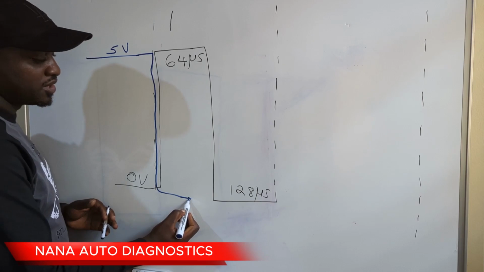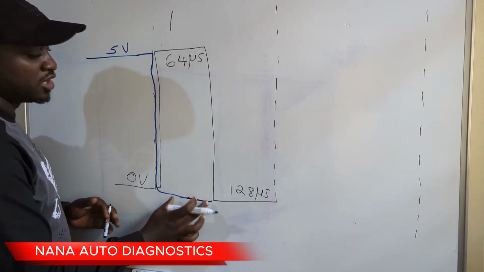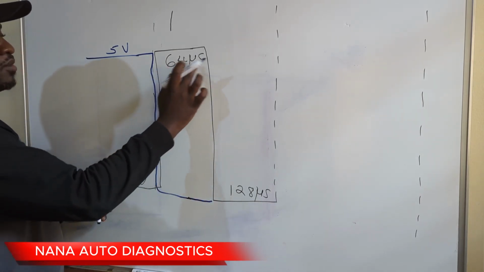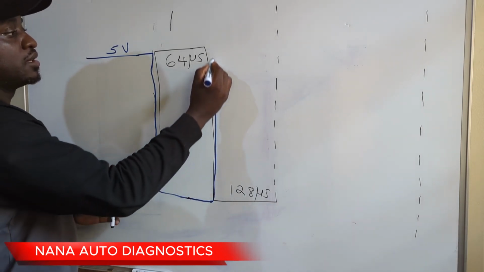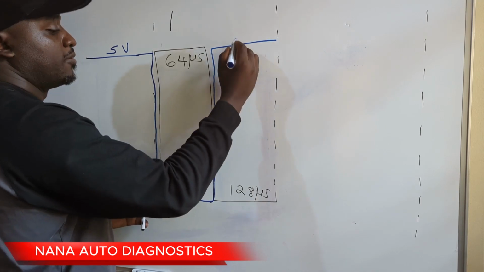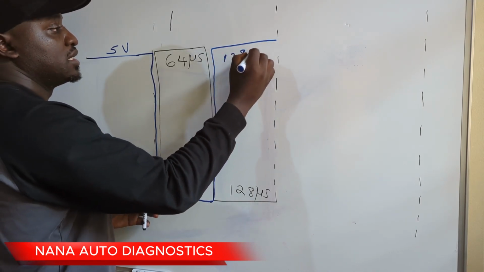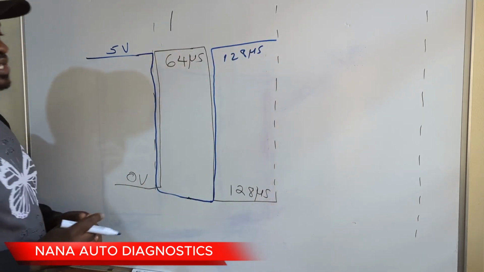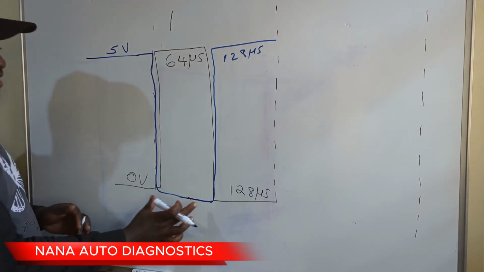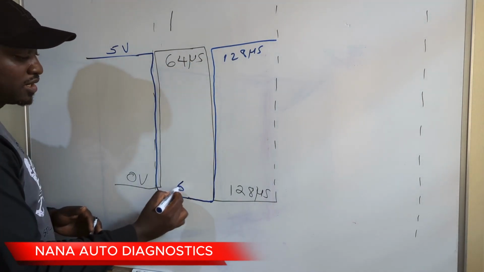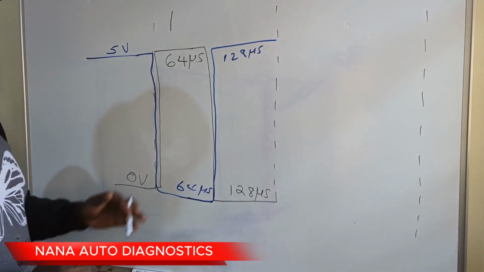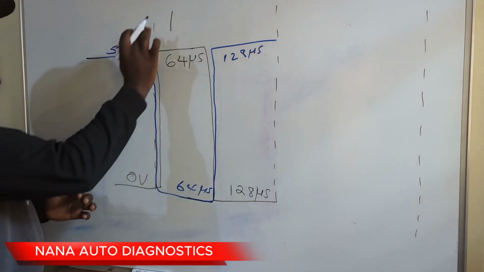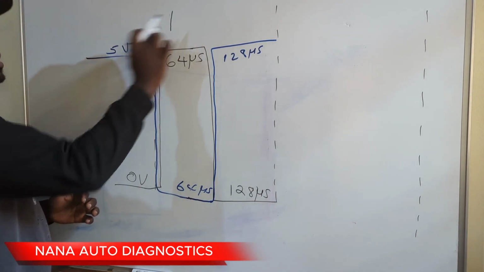Likewise, this voltage will also stay dormant for 64 microseconds and also rise for a period of 128 microseconds. So it has stayed dormant for the same time as this one, which is 64 microseconds. So in this case, we are transmitting a logic 1.